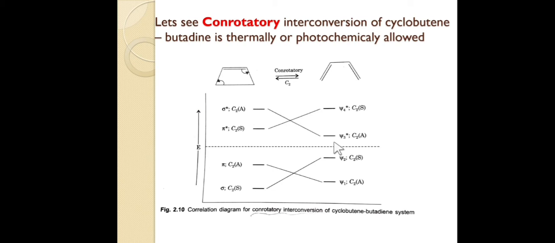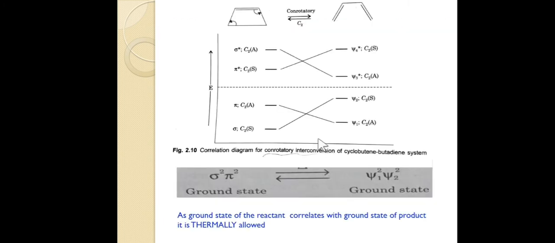From this, what we can see is that the ground state is correlating with the ground state. So friends, you can write it like this: sigma 2, that is sigma having 2 electrons, pi 2, this also having 2 electrons, so sigma 2 pi 2 is correlating with psi1 2 psi2 2, that is psi1 and psi2 containing 2 electrons each.